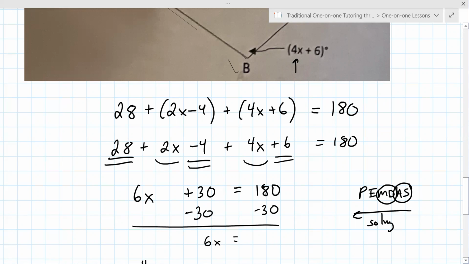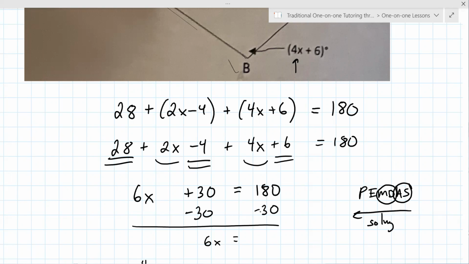What is 180 minus 30? Let me write that down for a minute. 180 minus 30. That is going to be 50.